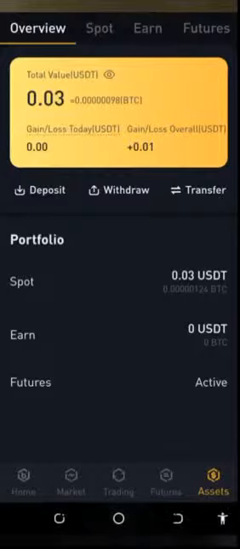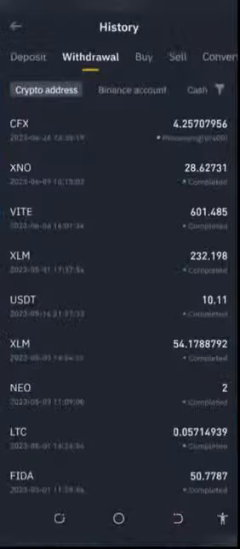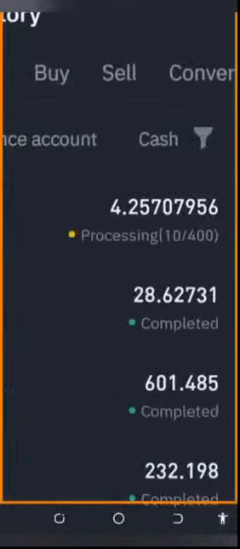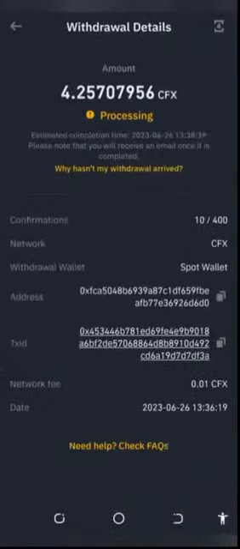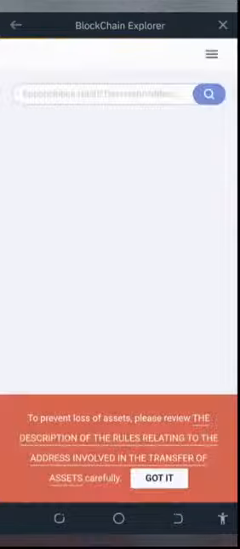Currently, it's still looking like it's processing. Okay, so we're still seeing the processing going on. We've gotten 10 out of 400 confirmations. Interesting. I don't know how long this is going to take. No idea, right? Let me click on this, whether this will take me somewhere to see what's going on currently. Well, this is what happens when you're trying to send money through networks. It takes time.